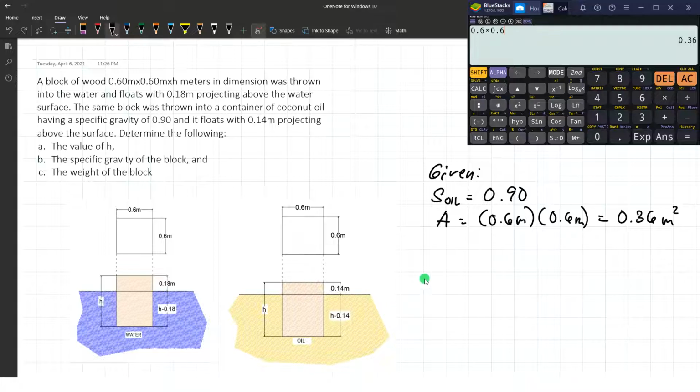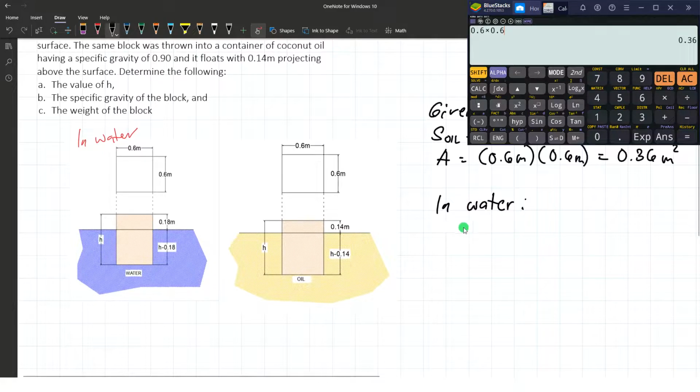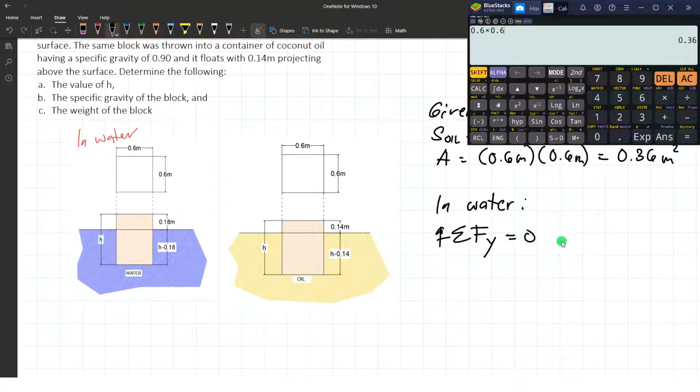So in solving this, let's take into consideration first this block of wood that is in water. In water, we will make an equation again, which is the sum of the forces along the vertical, say upward positive, equals 0.